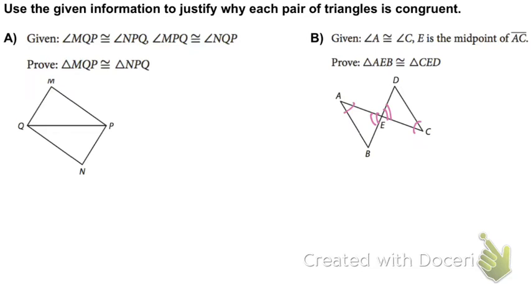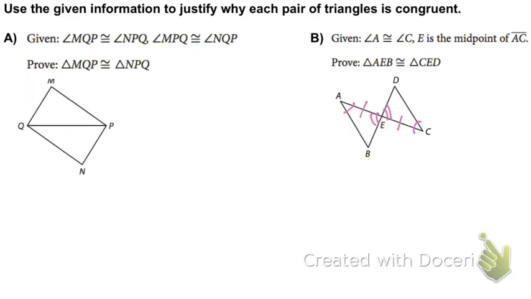Aiden? They're vertical angles, and vertical angles are always congruent. Go ahead, Aiden. Since E is the midpoint of AC, it cuts it in half, so AE is congruent to side EC.